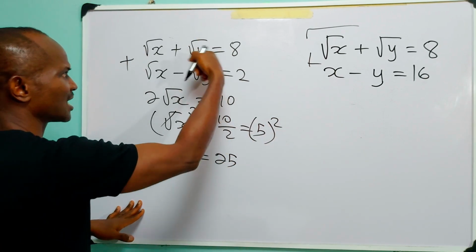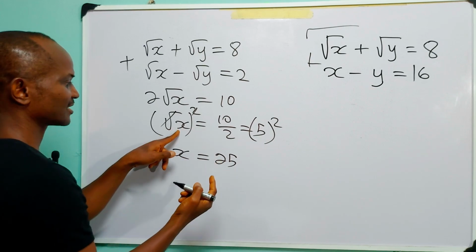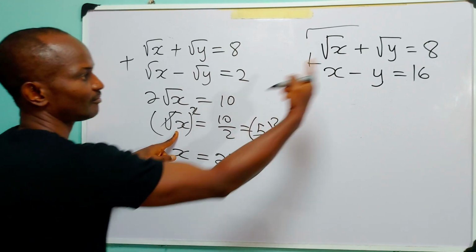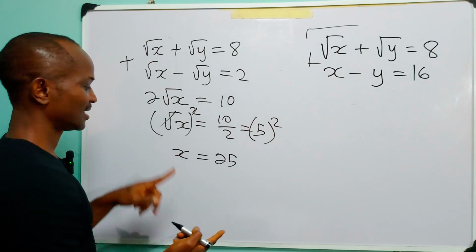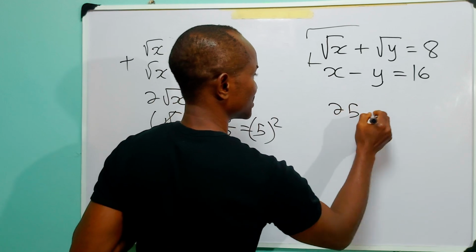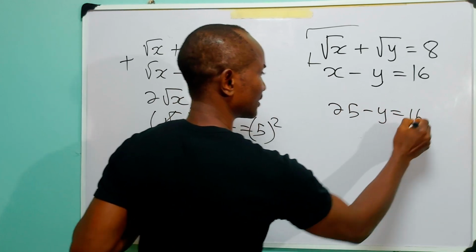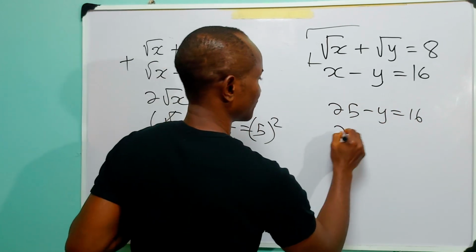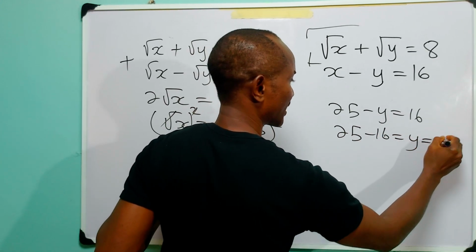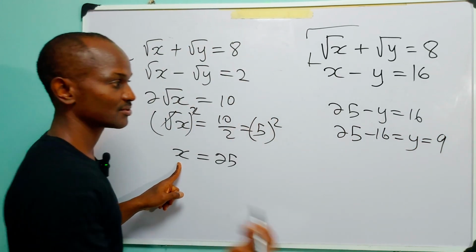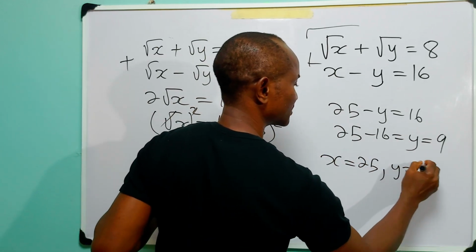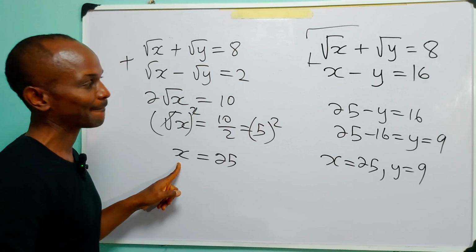Now we come back to the equation x minus y is equal to 16, since we've gotten the value of x. So we have that 25 minus y is equal to 16. 25 minus 16 is equal to y, and that is equal to 9. So that gives us that x is equal to 25 and y is equal to 9.